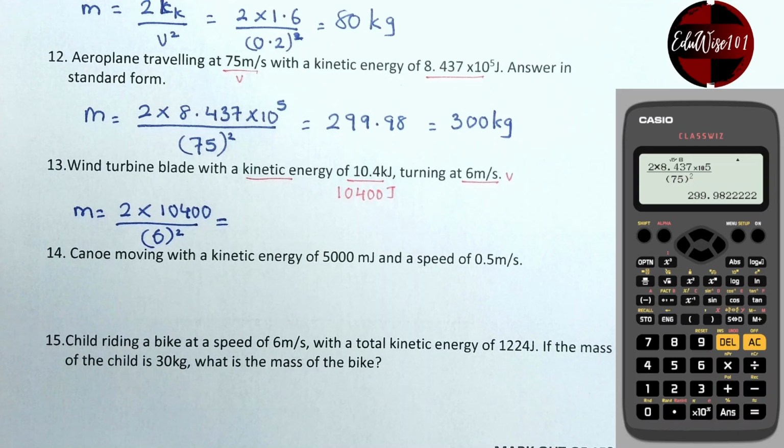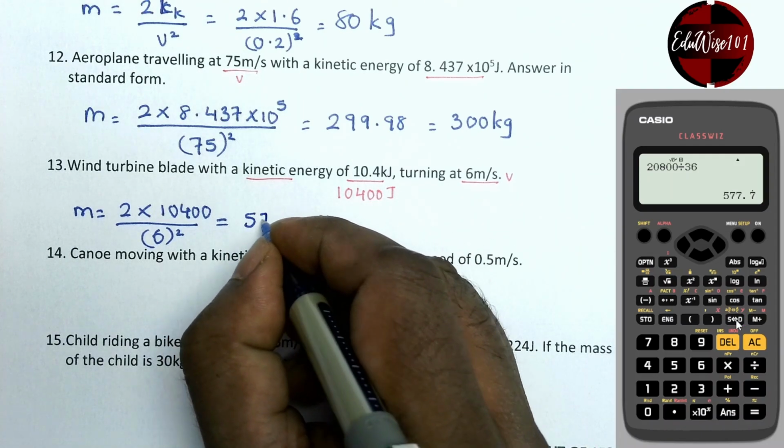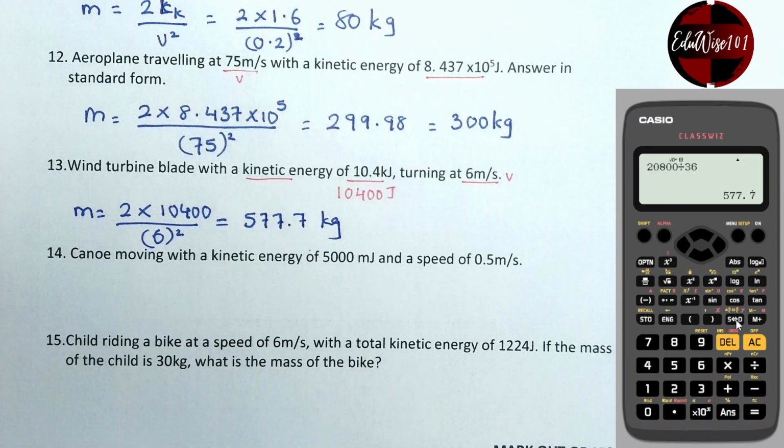So we can do a little bit of mental maths here. 2 times 10,400 will be 20,800. Divide that by 6 squared is 36. 577.7 kilogram.